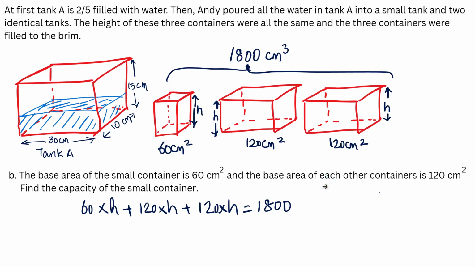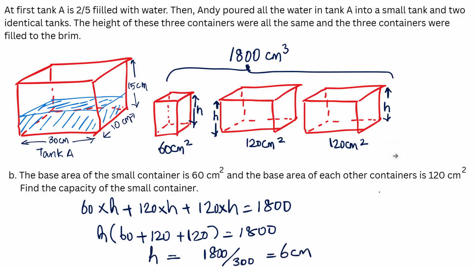So we take h as common, 60 plus 120 plus 120, that is equal to 1,800, and h is equal to 1,800 divided by the sum of 60 plus 120 plus 120, which is 300, and that is equal to 6 centimeters. So the height we know now is 6 centimeters.